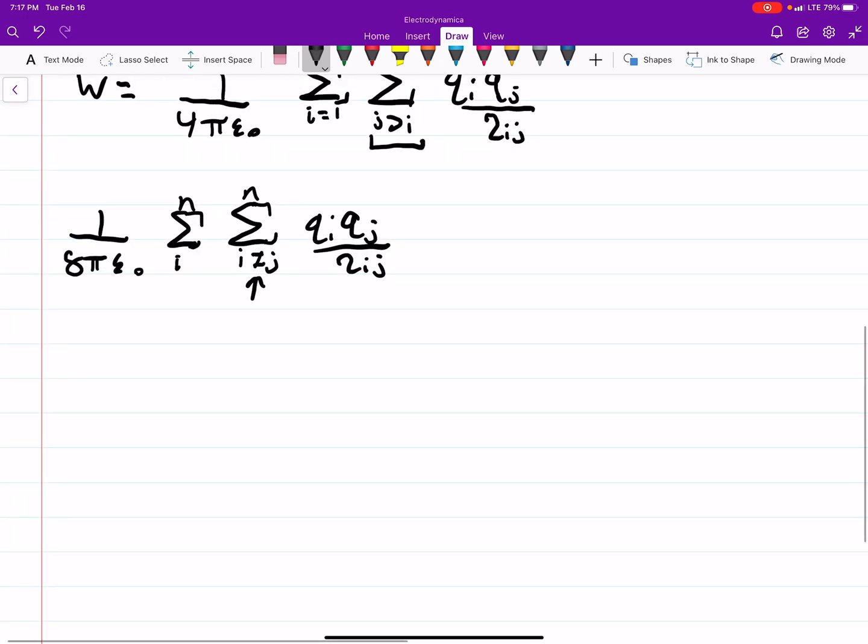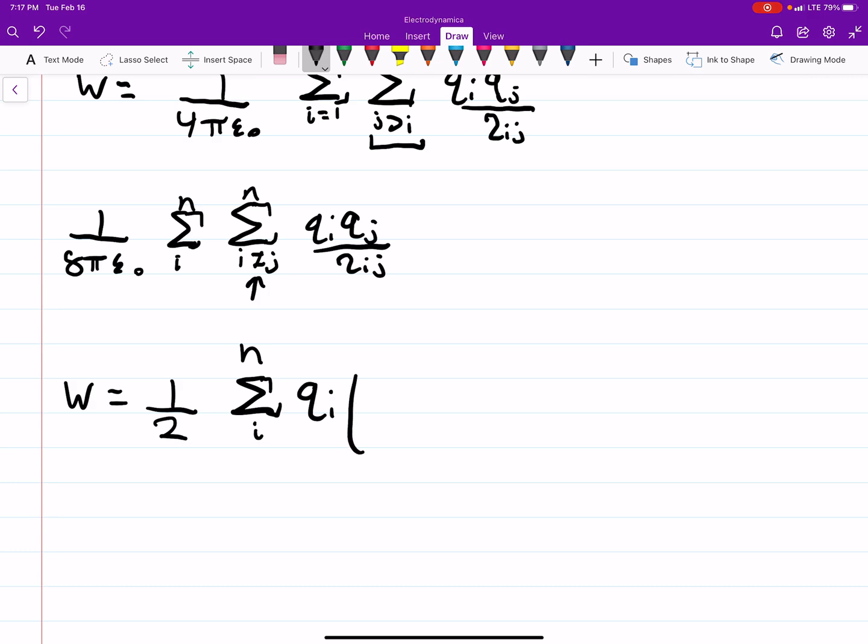And the equation for our work is 1/2 the summation over i to n of q sub i times the summation, and this is for j not equal to i, n, 1 over 4 pi epsilon naught times q sub j over script r_ij.